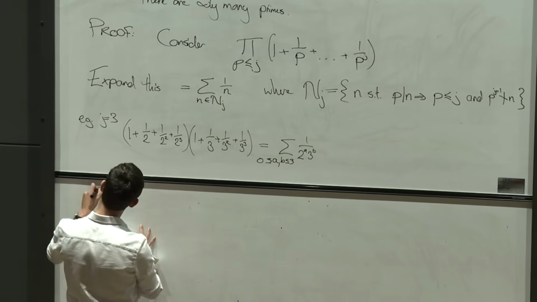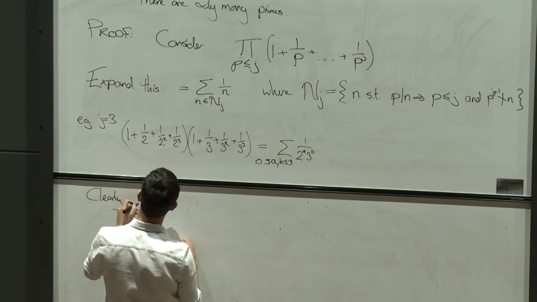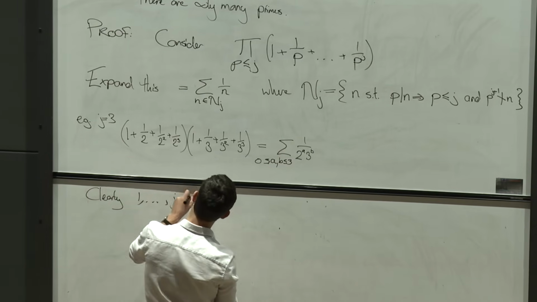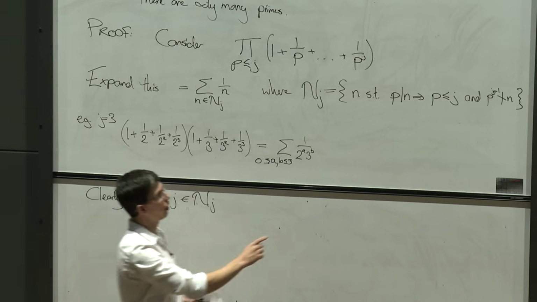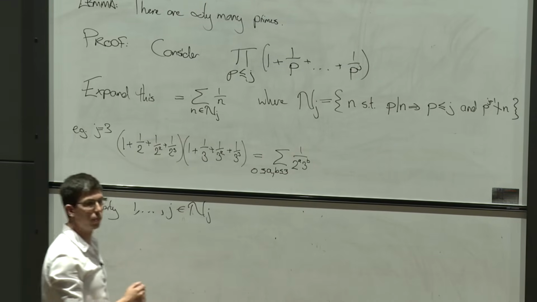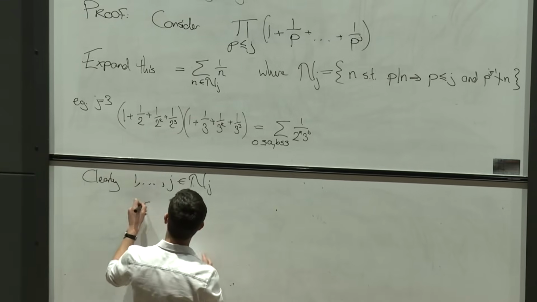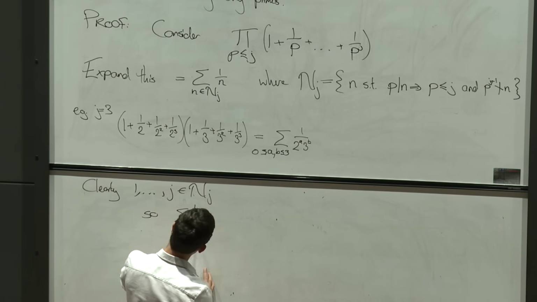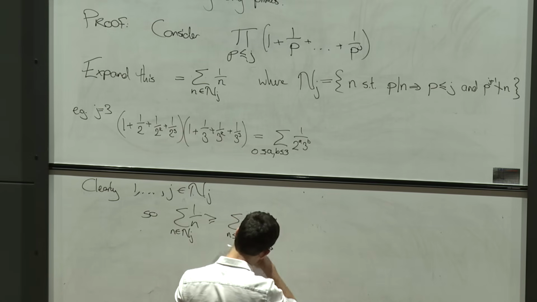So clearly, we have that 1, 2, 3, and so on up to j are certainly in the set N_j. Any number which is less than or equal to j is certainly going to have all its prime factors less than or equal to j, and it's not going to be a multiple of any (j plus 1)th power. So the sum of 1 over n for n in N_j is bigger than or equal to the sum of 1 over n for n less than or equal to j.